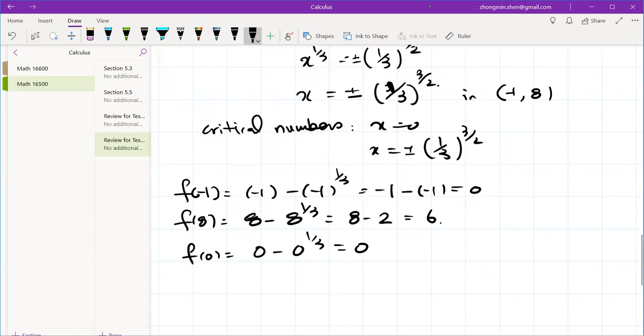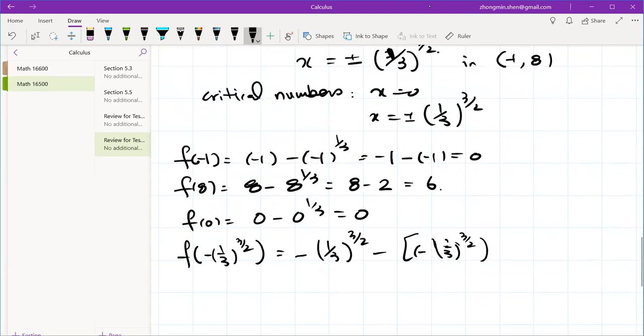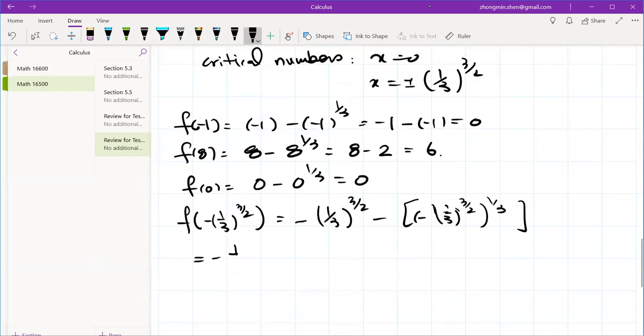All right, so how about the negative? We put negative 1/3 to the 3/2 minus negative 1/3 to the 1/2. Okay, so we have to simplify it. Negative becomes positive.